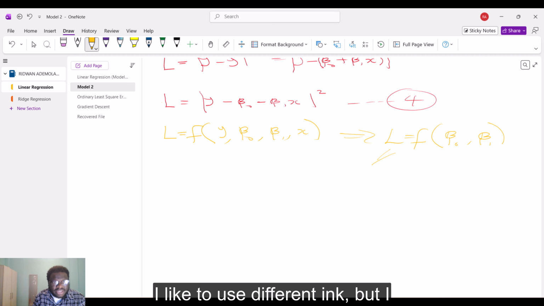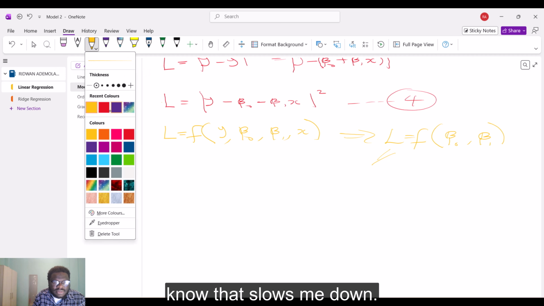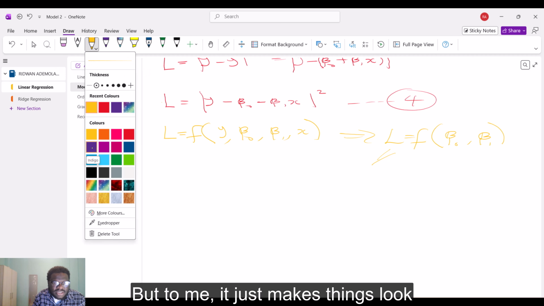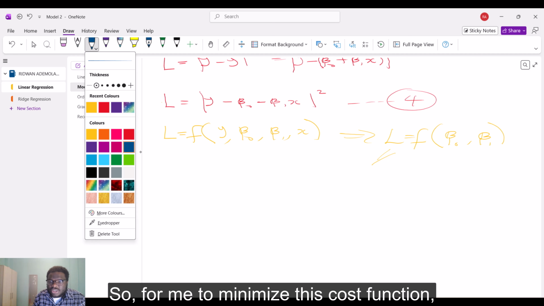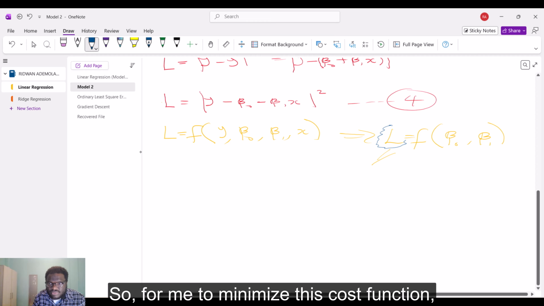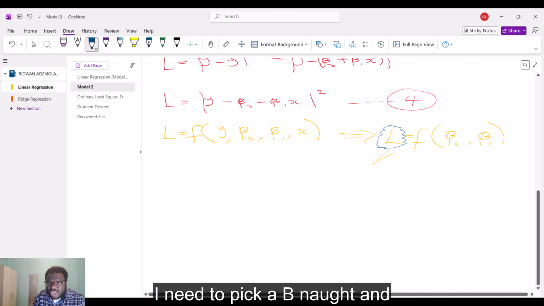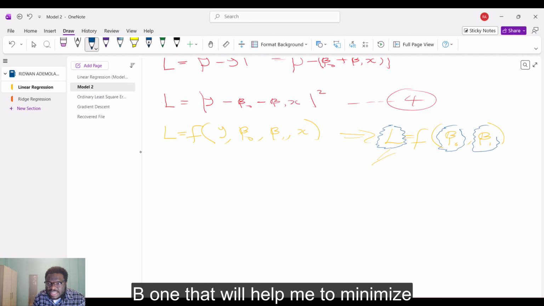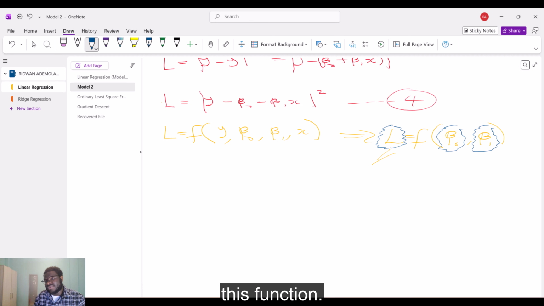I like to use different ink, but I know that slows me down. But to me, it just makes things look good. Okay, so for me to minimize this cost function, I need to pick values of b naught and b1 that will help me to minimize this function.